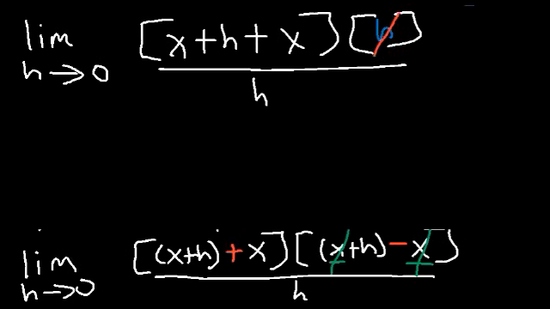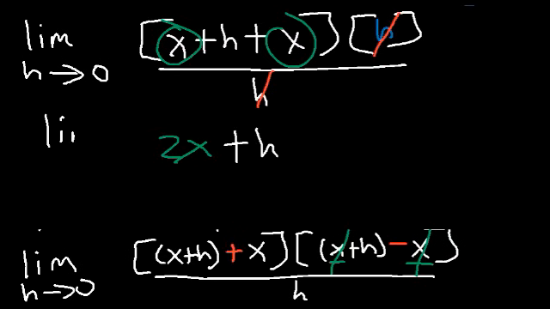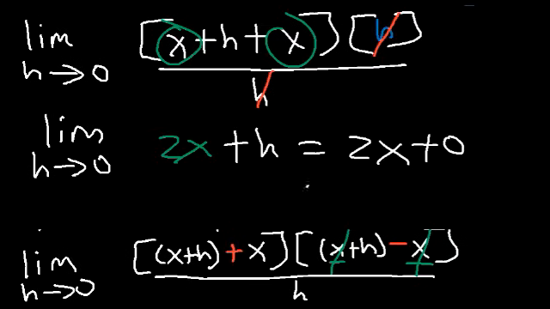So we can cancel these two. x plus x is equal to 2x. So we have 2x plus h, limit as h approaches 0. Now we can replace h with 0, so it's 2x plus 0, which is equal to 2x.